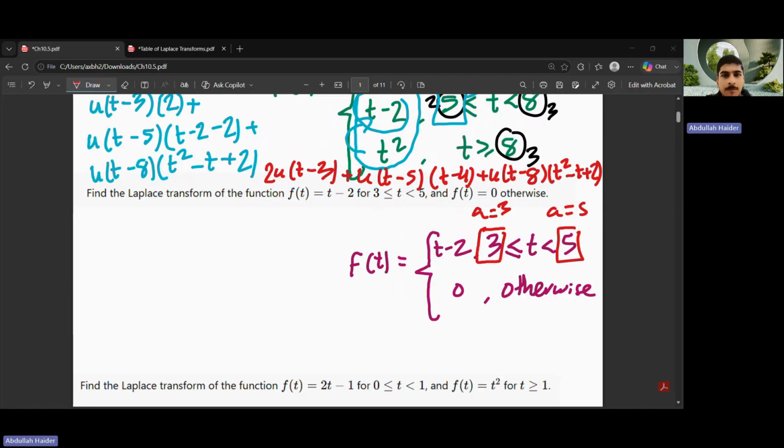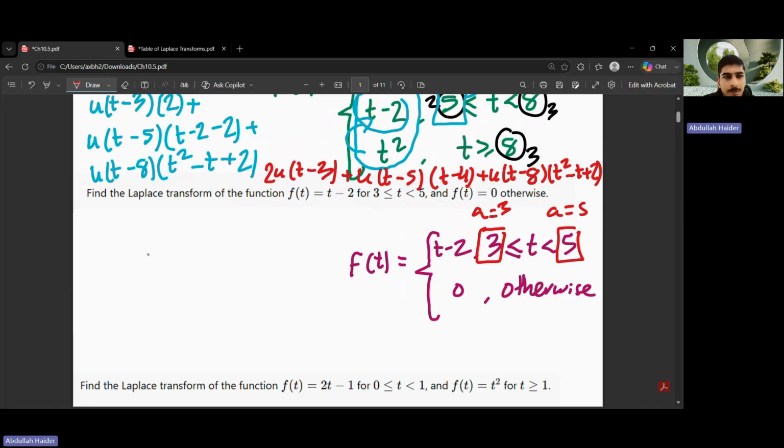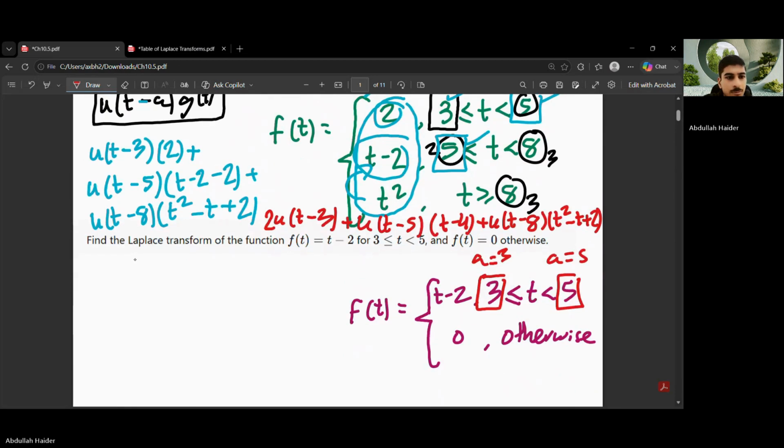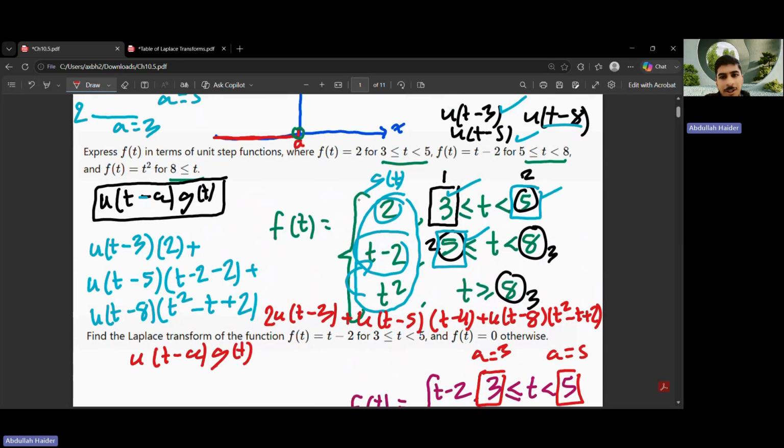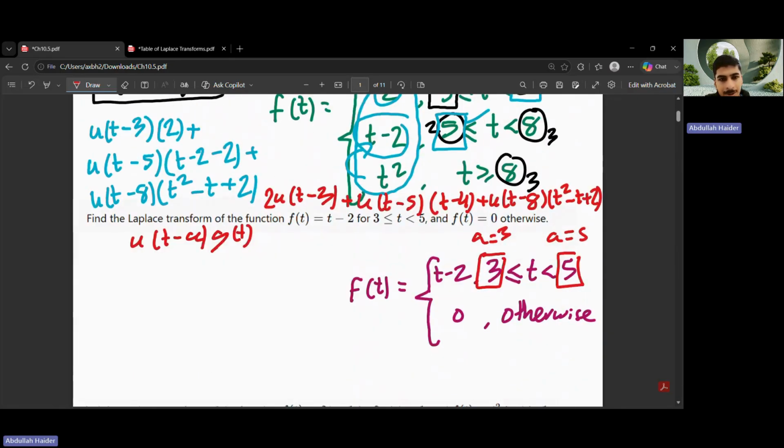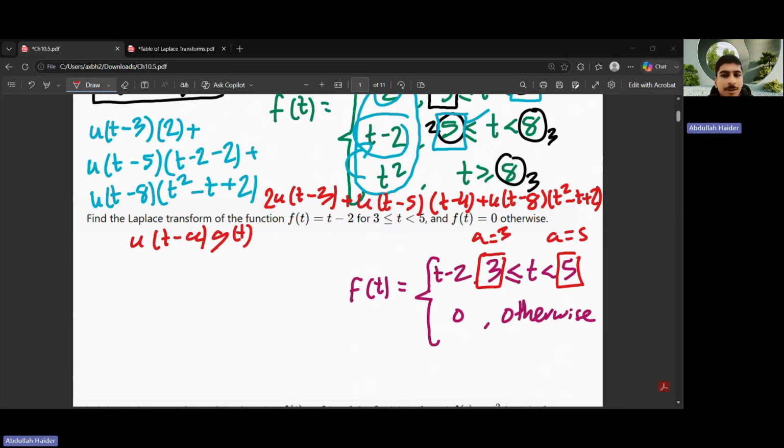And for this question, what we will do is we need to find our u(t minus a) g of t. Unlike the first part where you had 3 by itself and then you have 5 by itself and 8 by itself, we will try to merge both a's into a single line, because you don't have another interval containing 3, you don't have another interval containing 5. So we need to kind of merge them.